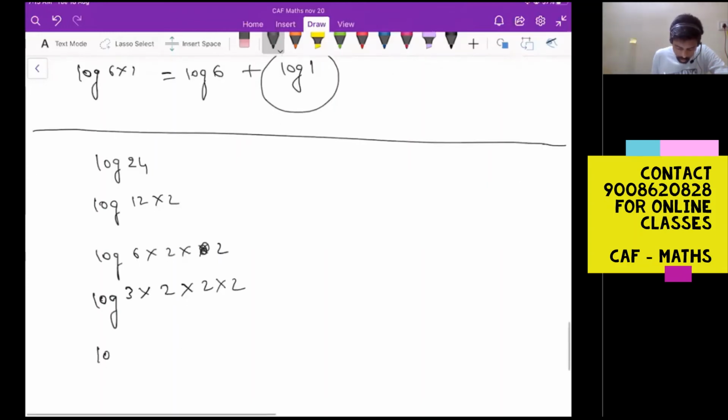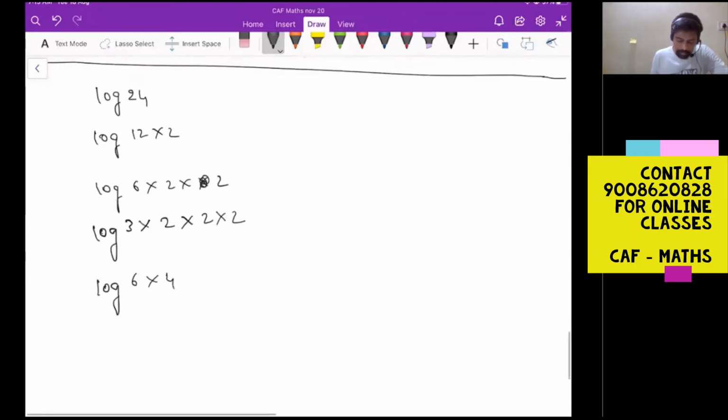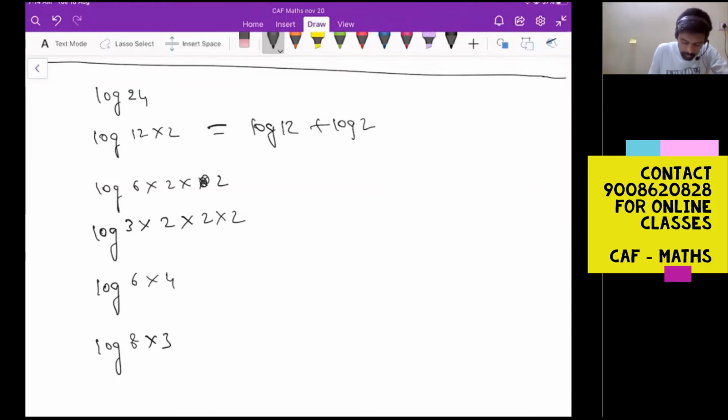Or log of 6 into 4, correct? Or log of 8 into 3. Now log of 12 into 2 can be written as log 12 plus log 2.